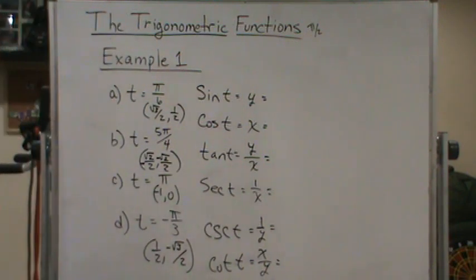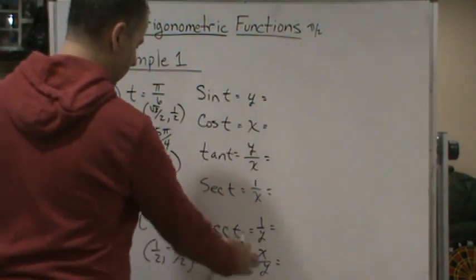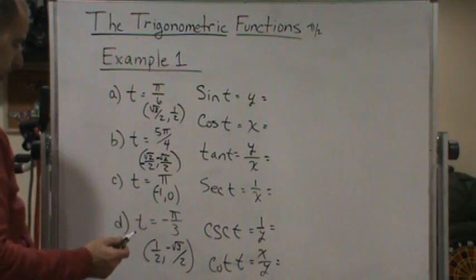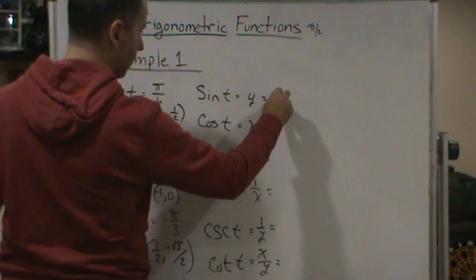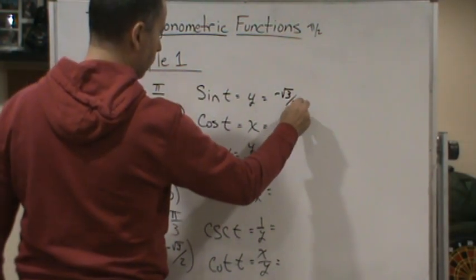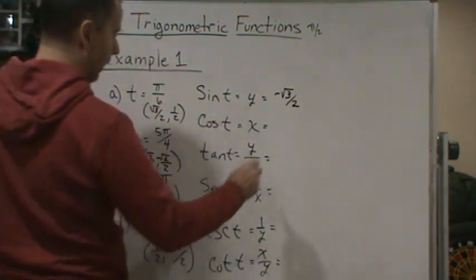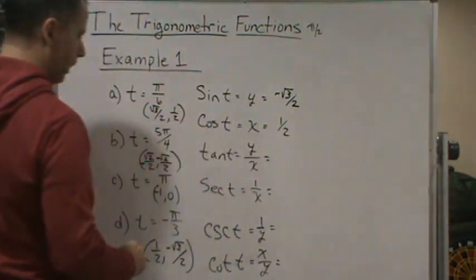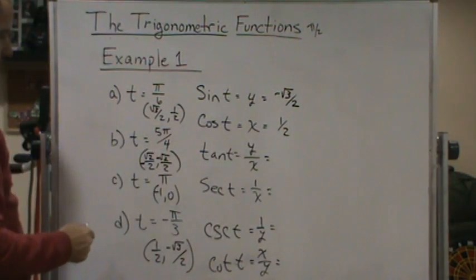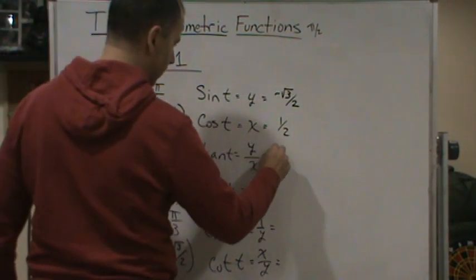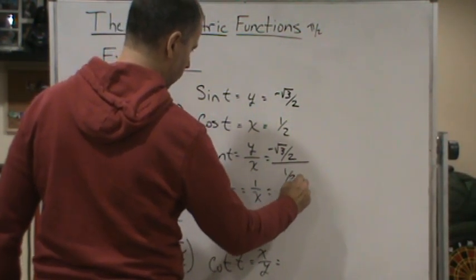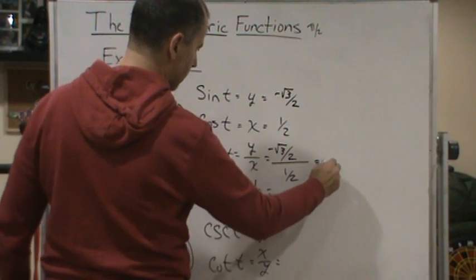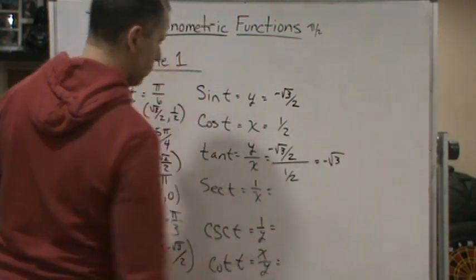So now that we got the point, again, it's just a matter of plugging in the values here and simplifying it. Okay? So y is negative square root of 3 over 2. X is 1/2. And then, of course, tangent is y over x. So it's going to be negative square root of 3 over 2 divided by 1/2, which gives us negative square root of 3.